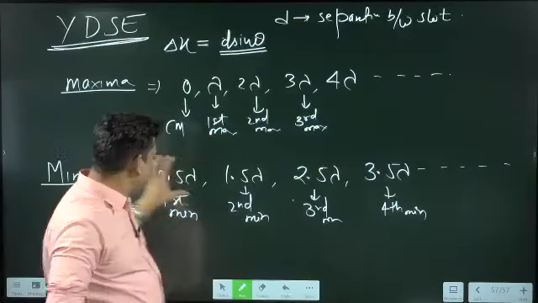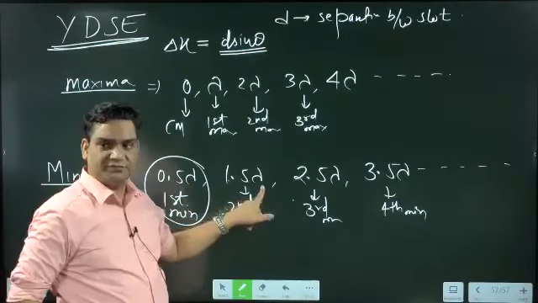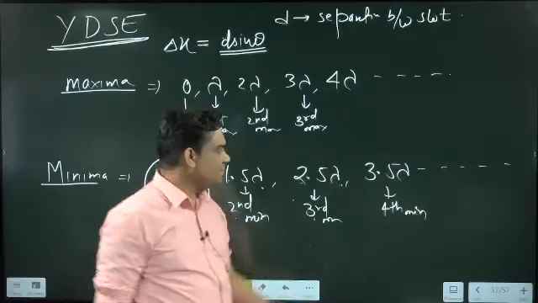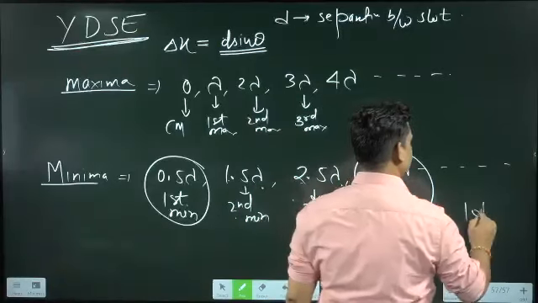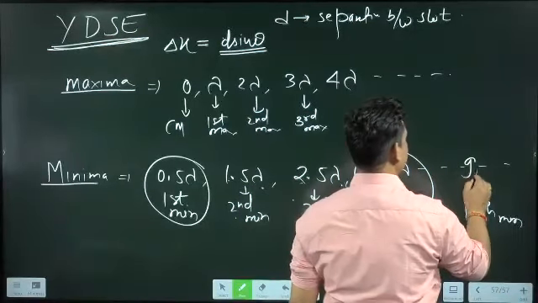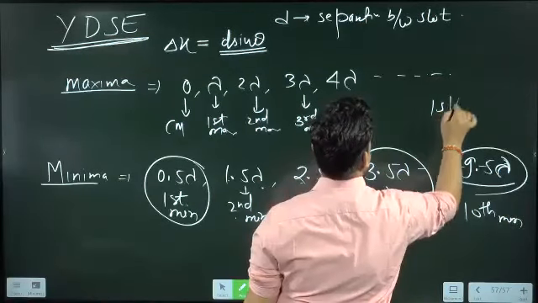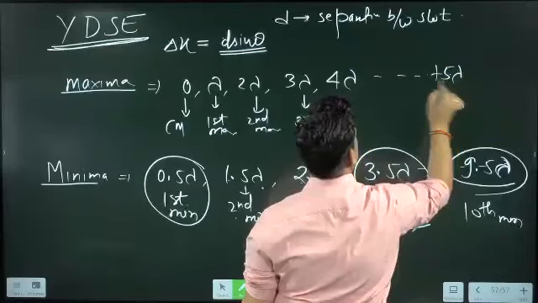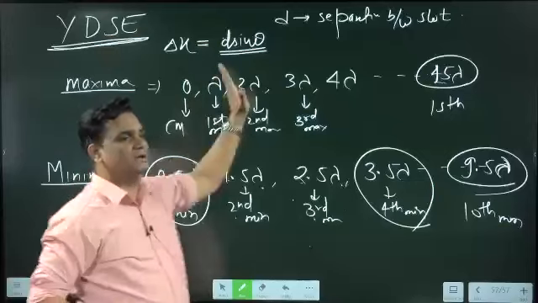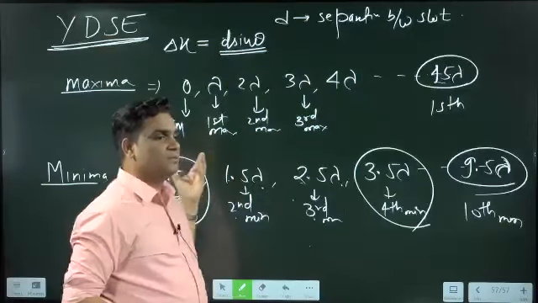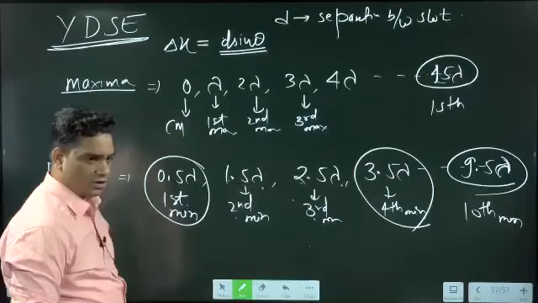So first is 0.5, second is 1.5, next is 2.5 and next is 3.5. If I ask for the 10th minima, you can say it will be at 9.5 lambda. If I ask for the 15th maxima, it will be at 15 lambda. So this is straightforward to remember: maxima at lambda, 2 lambda, 3 lambda, 4 lambda, and minima first at 0.5, next at 1.5, next at 2.5, and then 3.5, and so on.